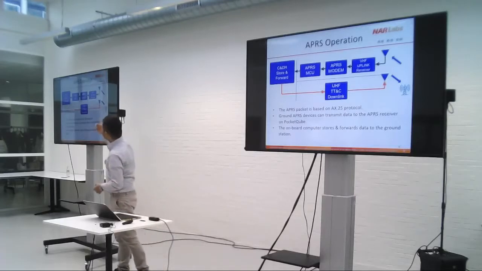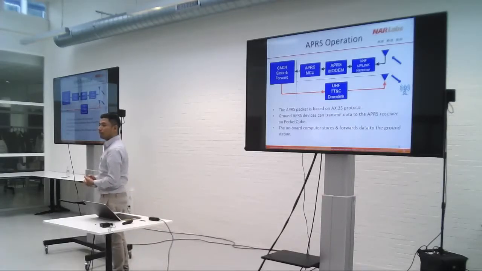And this is the basic concept, the building block. You have a UHF uplink, where you can transmit the information, like different data, as I mentioned, water level, or other weather information.